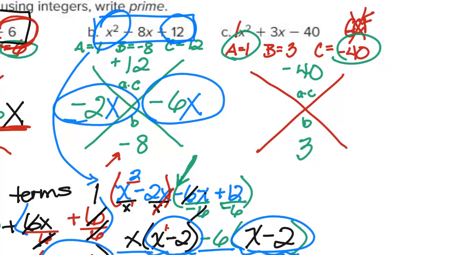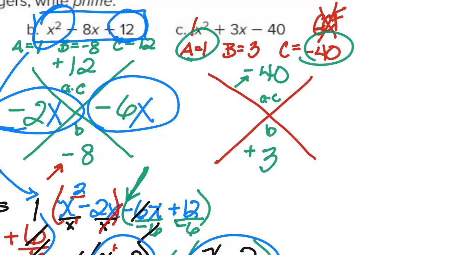The fact that this is negative means one has to be negative. The fact that this is positive means that my larger factor is going to be positive. So let's write them down. We got 1 and 40, 2 and, guys, what's a factor with 2? 2 and 20.